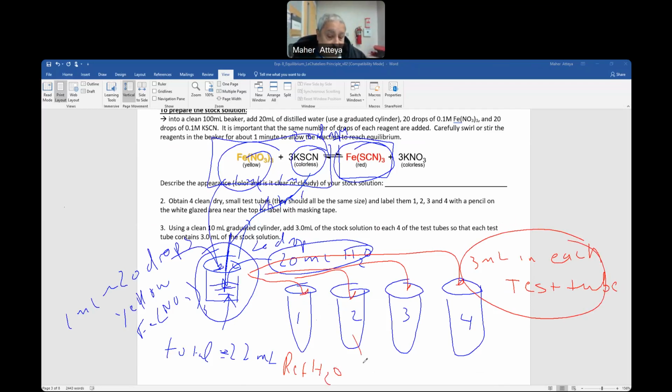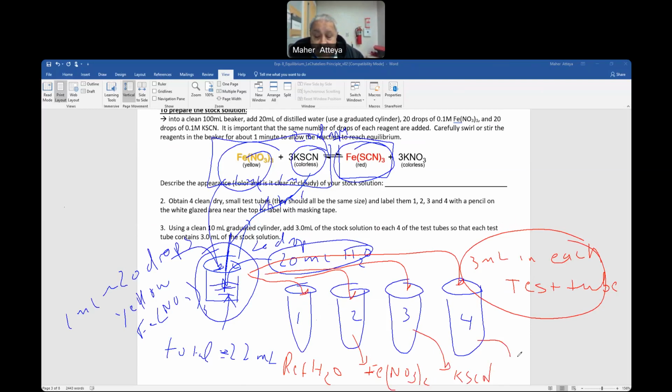The second one, you will add to it the yellow stuff, iron 3 nitrate. Again, that's about 20 drops. The third one, you'll add thiocyanate, 20 drops.